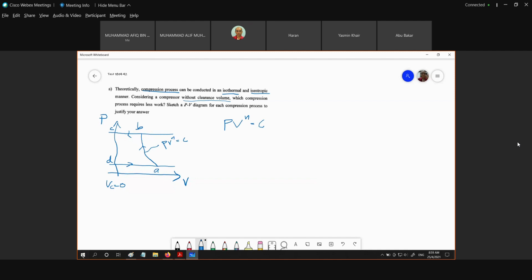Guys, you know tak dia punya N value? What is the limitation of your N value? Saya dah tunjuk pada you all dulu. Macam mana kita dapatkan dia sebagai P constant? Katakan kalau P constant, how to get this equation becoming P constant?